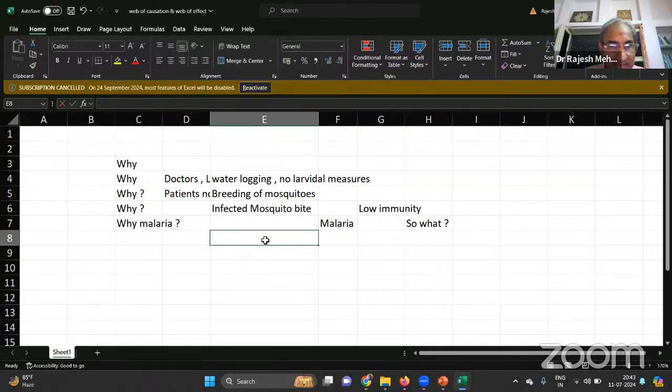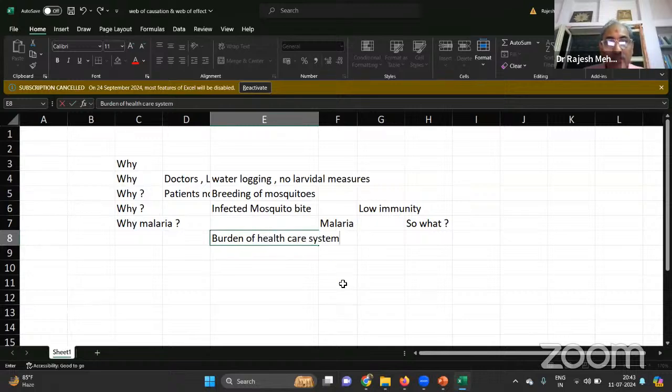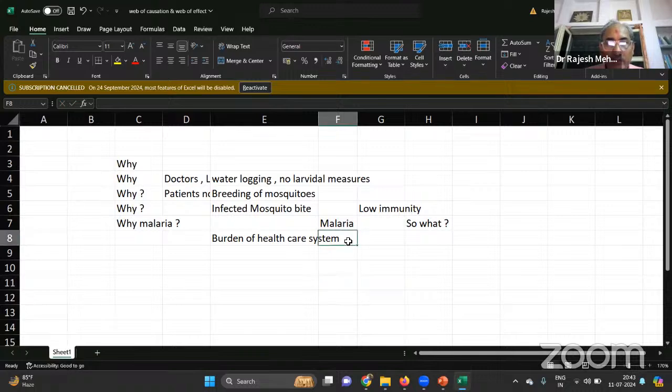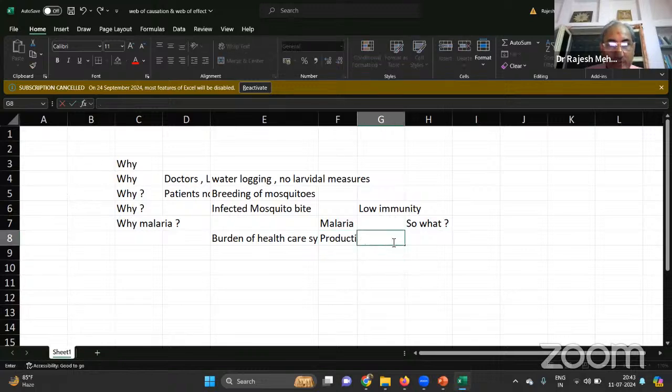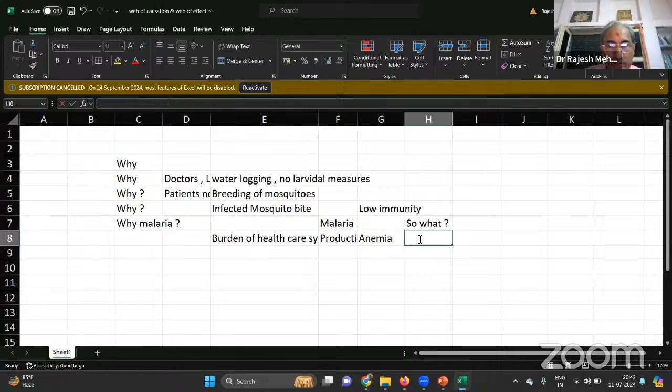Then you may write that it will be a burden on the healthcare system, then it will reduce the productivity. It can lead to anemia. It can lead to low performance in education and so forth.